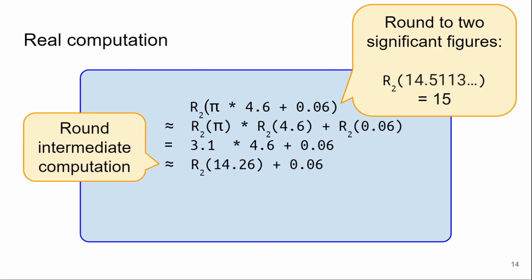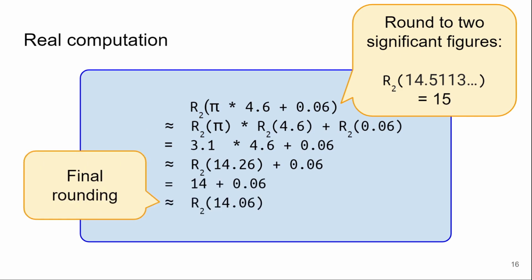Doing the multiply, we get something like this. And again, we'll round the intermediate computation because we're only going to allow ourselves to use 2 significant figures of precision here. Rounding to 14 and doing the addition, we see that we're rounding 14.06, which is completely not the answer that we wanted. We see in the bubble that we wanted 15, and we're upset because we didn't get that answer.